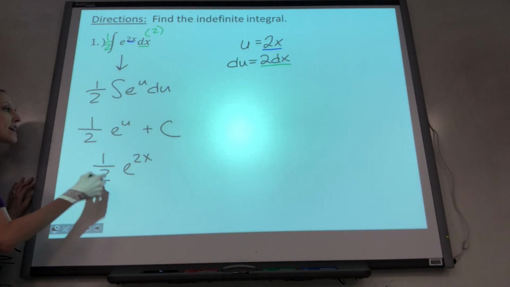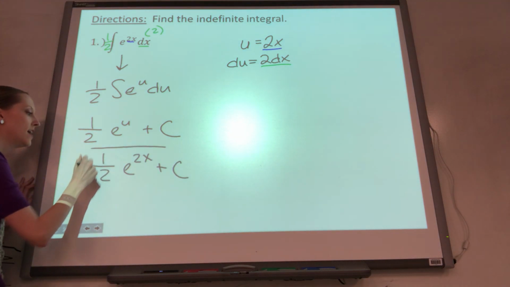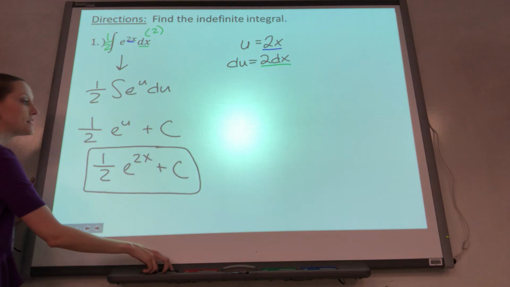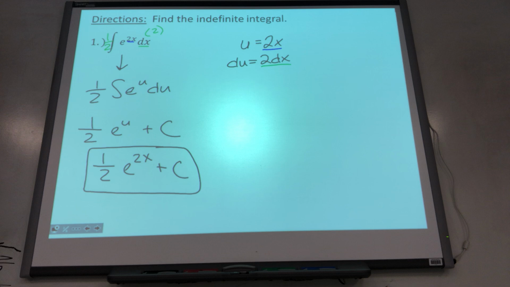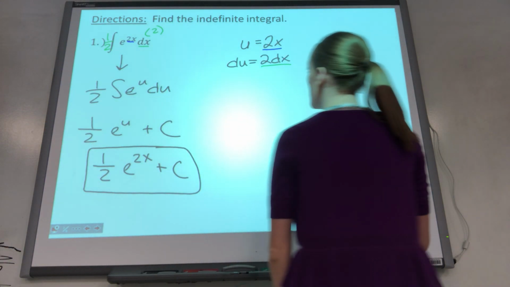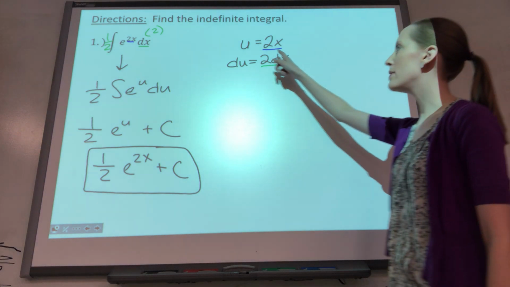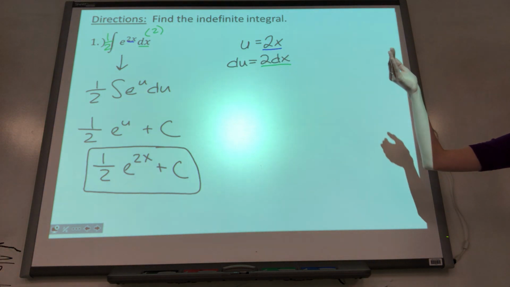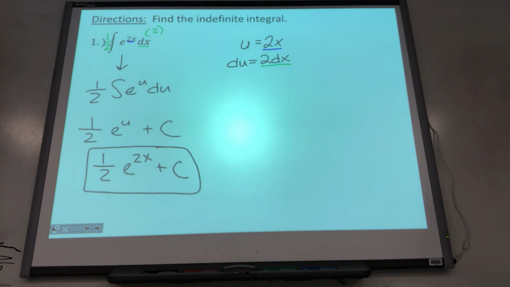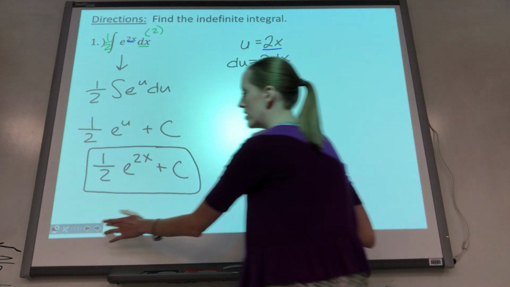So 1/2 e to the 2x plus c. That would be our answer for example 1. Again, most of the time, u ends up being what's in your exponent because that's how we integrate it, e to the u power. Okie doke.